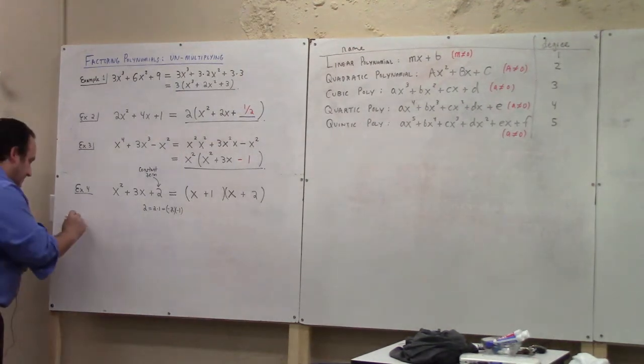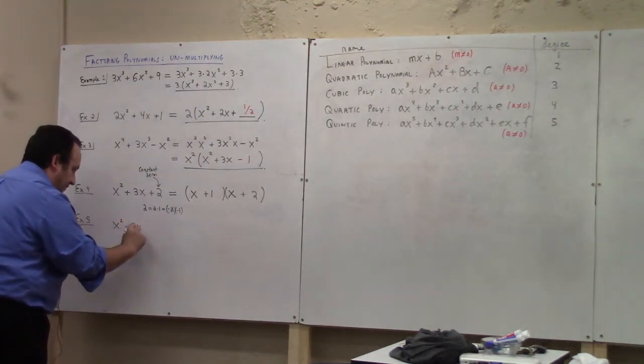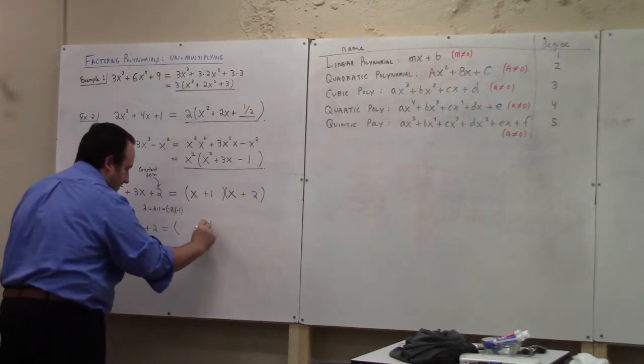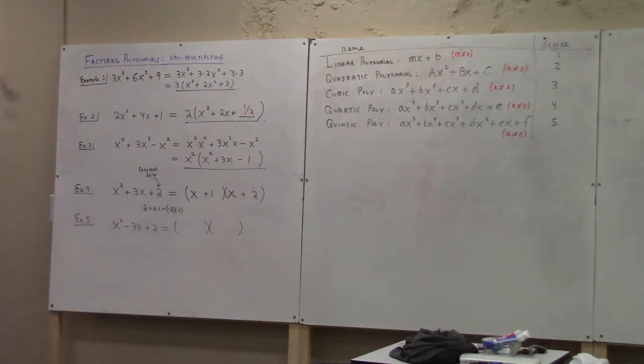Very similar, example 5. What if we had x squared minus 3x plus 2? Then what happens? Oh, I'll do the easy part.